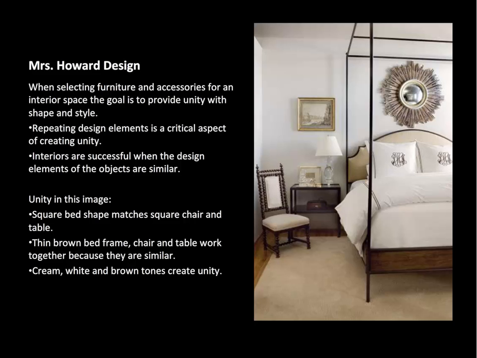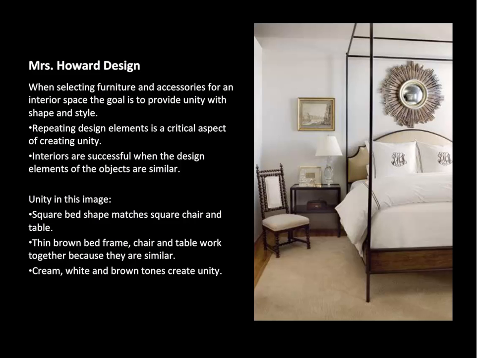and this really makes the design and the interior very successful. When we look at this image, you can see that the square bed, the frame of the bed, matches the square chair and the table. So each one of these elements, the bed with the frame, the chair, and the table, have a square shape.